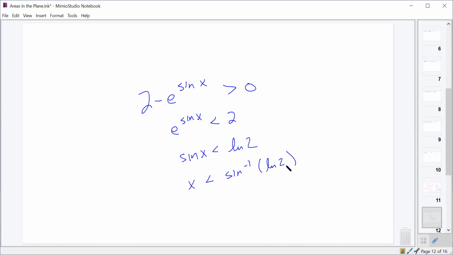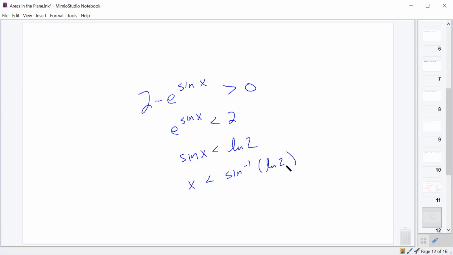And let's see. Think about that. There should be another discontinuity on that.